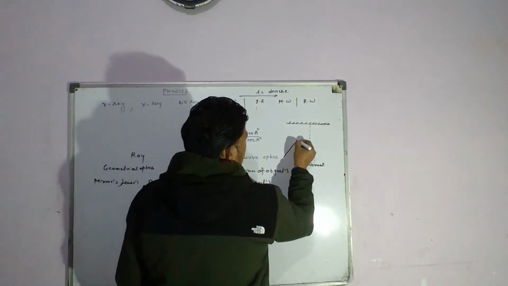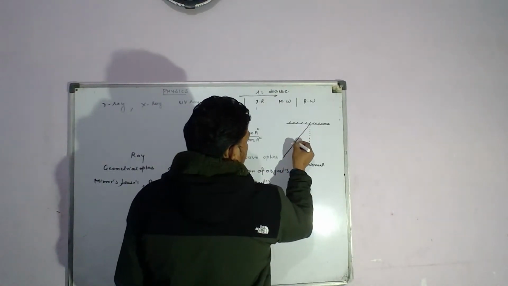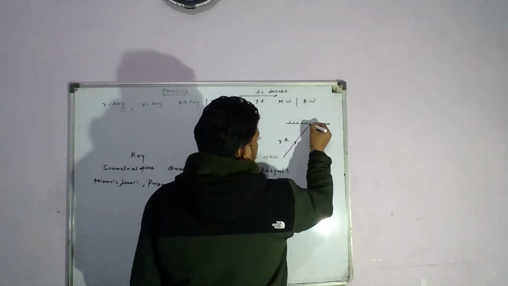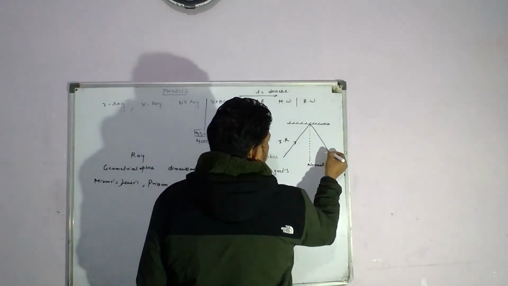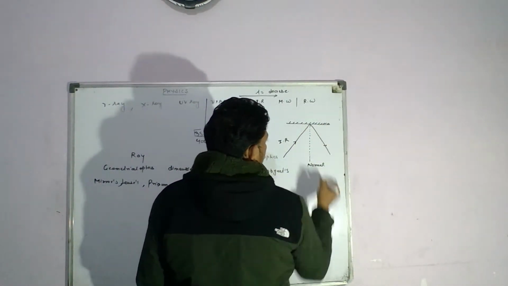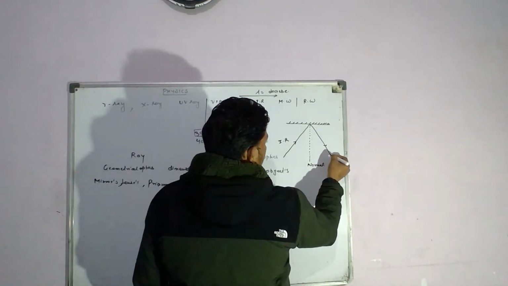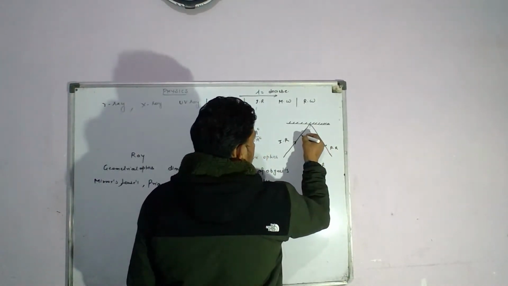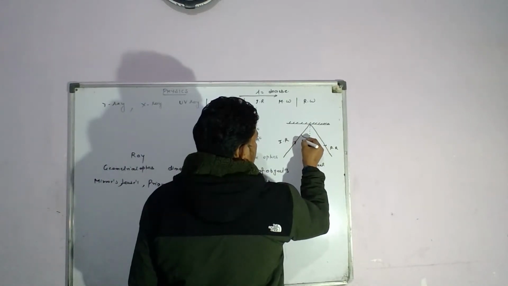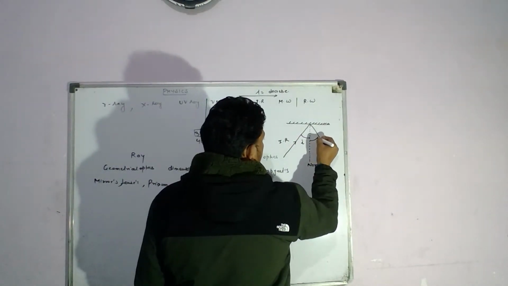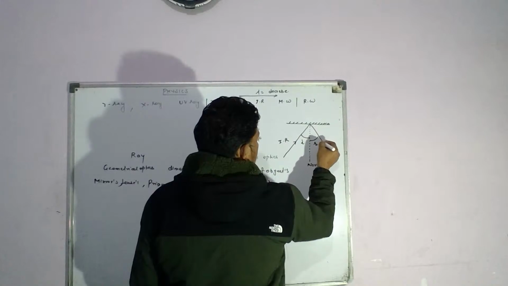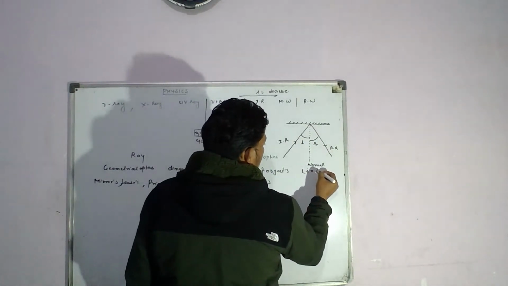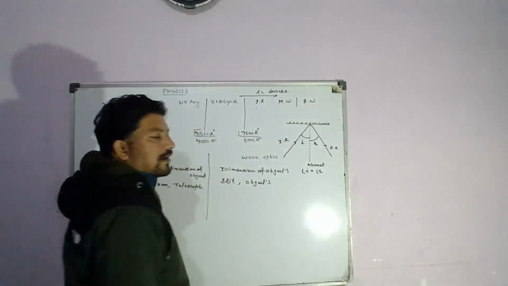If you strike a ray at this point, this ray is called the incident ray, and after striking it bends in the same medium. This is your reflected ray, and this angle is the angle of incidence. This angle is r.